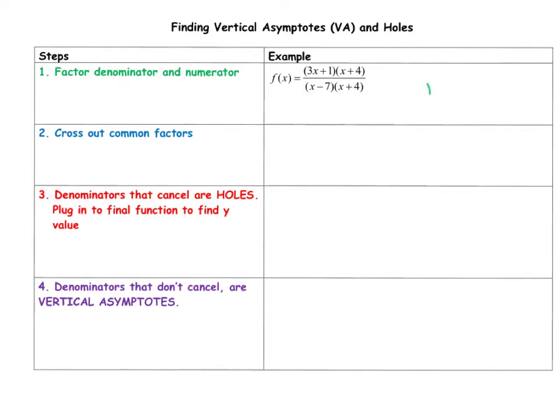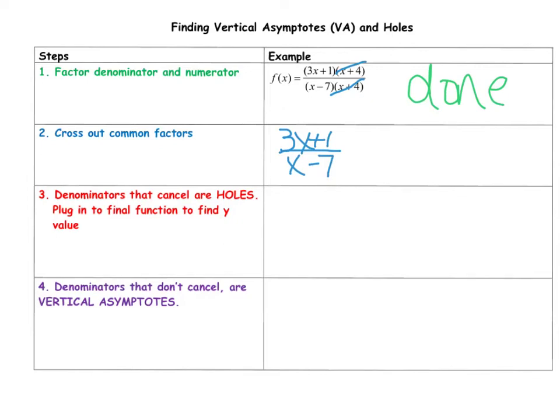So we could say that that's done. We don't have to do that step in this one. In step number 2, you are to cross out the common factors. So I can cross out (x + 4) divided by (x + 4), which will leave me with (3x + 1) divided by (x − 7).